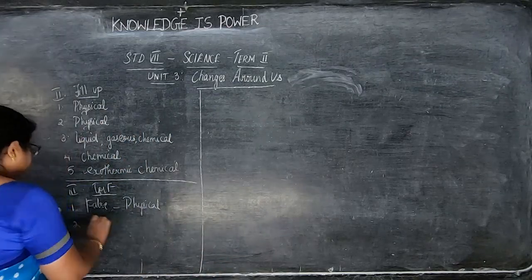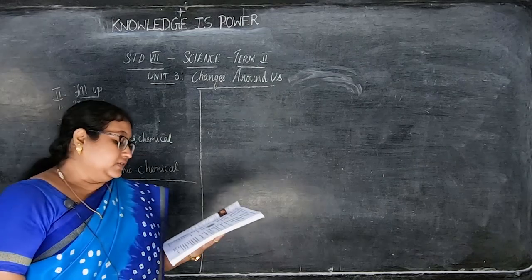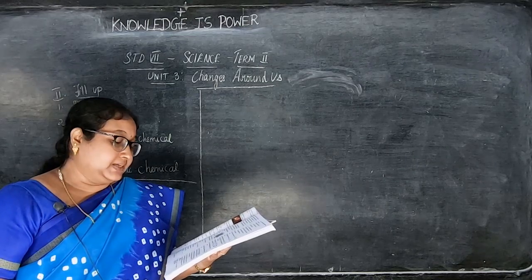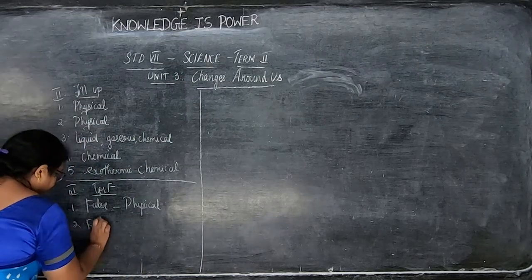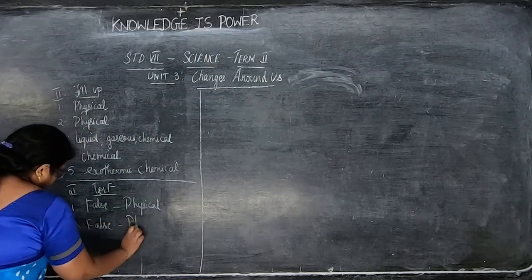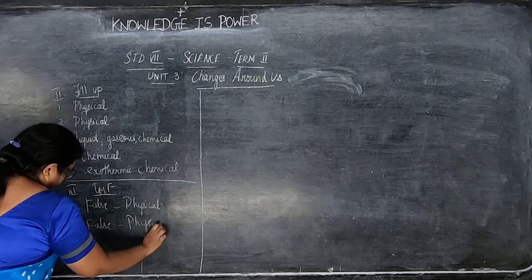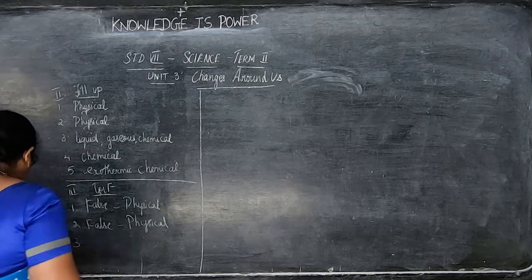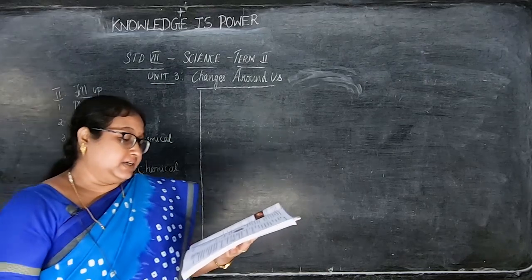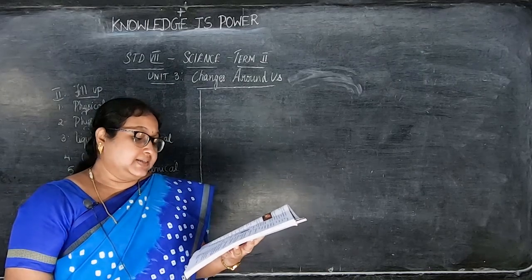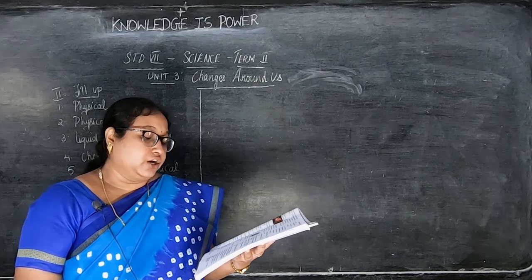Consider second. Taking a glass of water and freezing it by placing it in the freezer is a chemical change. It is false. Instead of chemical, again you will write physical. Third, a bean plant collecting sunlight and turning it into bean seeds is an example of physical and non-periodic change.